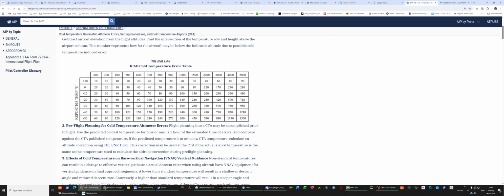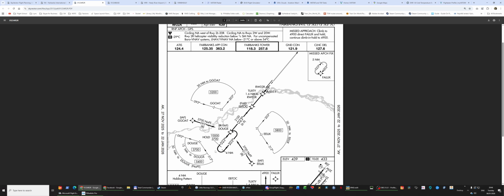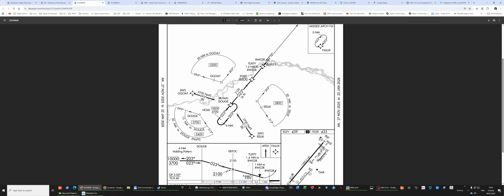So if we are flying at 5,400 feet, in reality, we are at 4,700. However, this has been counted with when they designed the approach, and this kind of deviation is not a problem as far as terrain clearance goes and so on. So that's why we don't need to alter that one.